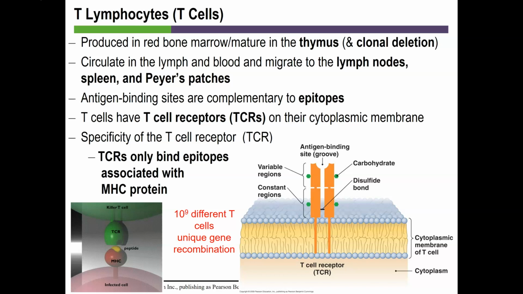And that's pretty amazing. A diversity of T cell receptors is key to recognizing all the different possible antigens out there. What is different or unique about them is the antigen binding site that allows them to interact with lots of different epitopes.